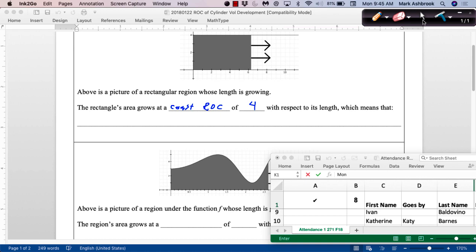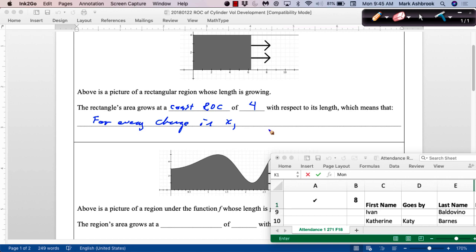Okay, she said for every change in x. For every change in x, what happens? The length increases by 4. What do we think? Agree with that?